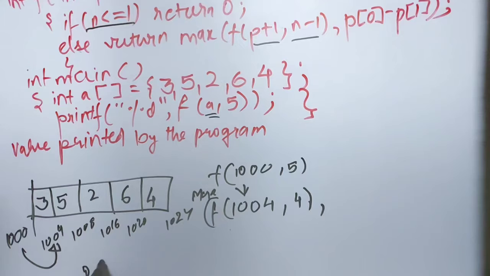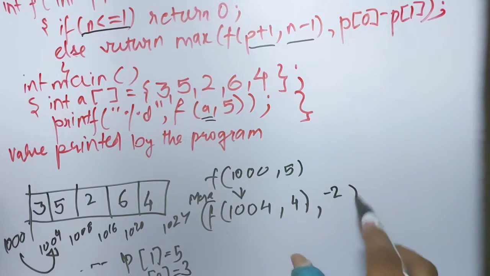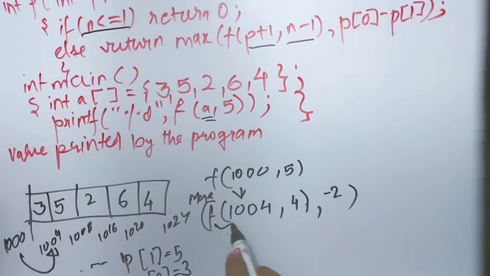The difference of these elements, p of 0 minus p of 1, is 3 minus 5, which is minus 2. So I am writing it here, and now this internal f of 1004 comma 4 will call the next iteration.